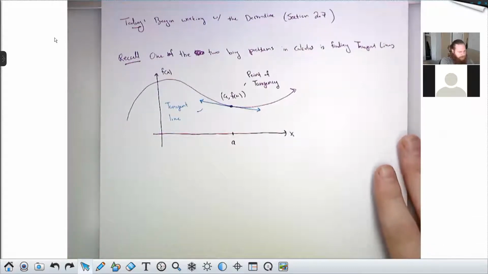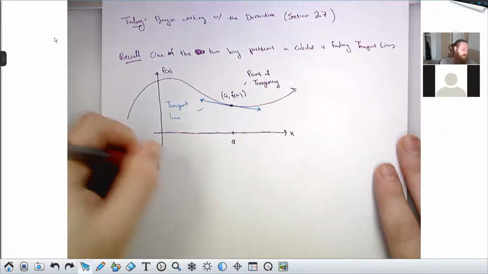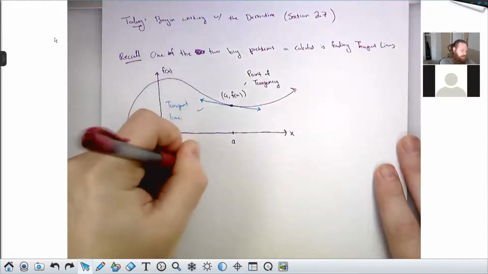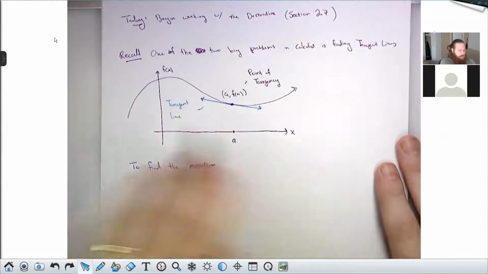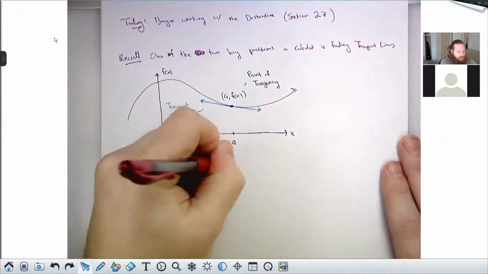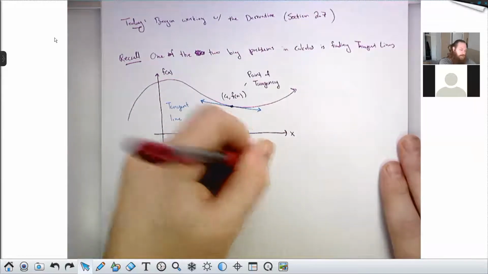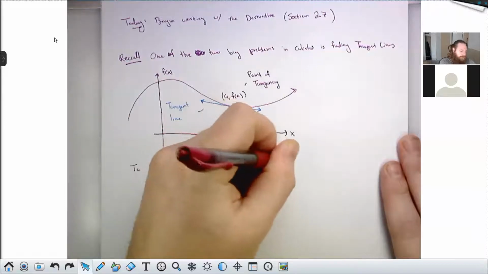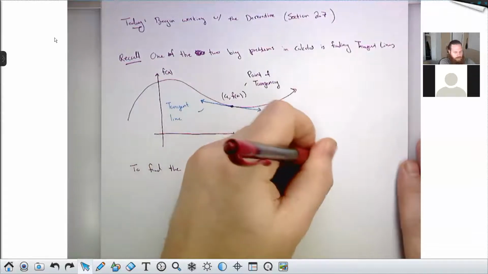To find the equation of any line, let alone the tangent line, it suffices to know two things.